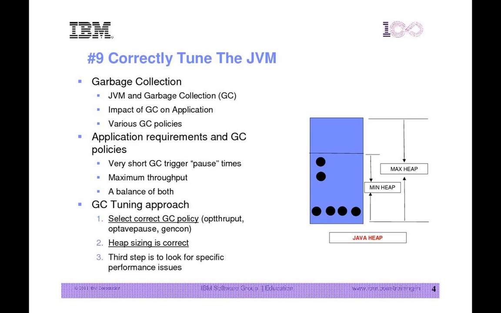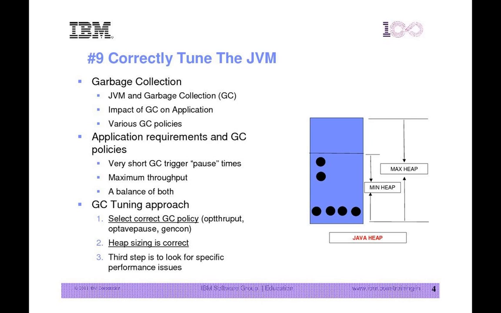These GC policies are optthruput, optavgpause, and gencon. Gencon was introduced recently, in 1.5, and it is the default policy for WebSphere 8.0. So basically, based on your application criteria, you can choose the correct GC policy.